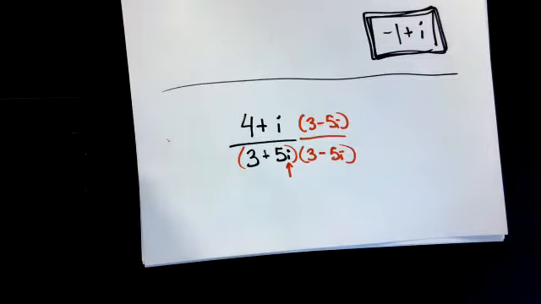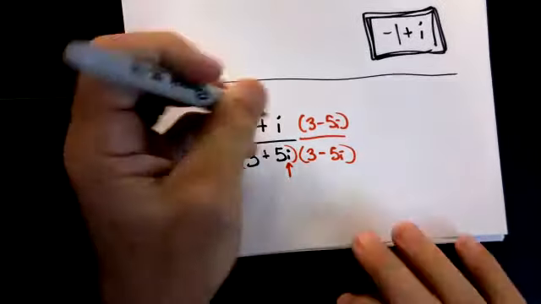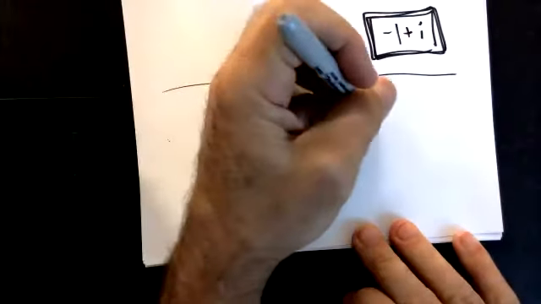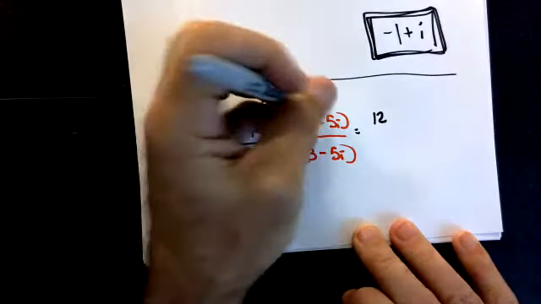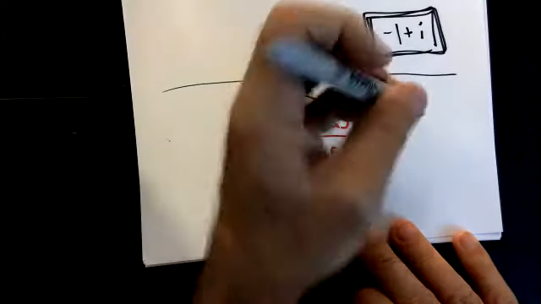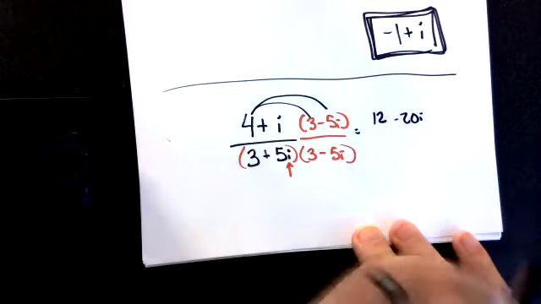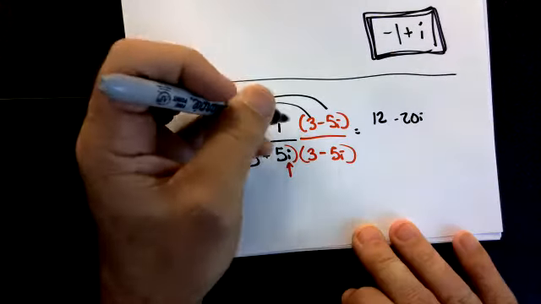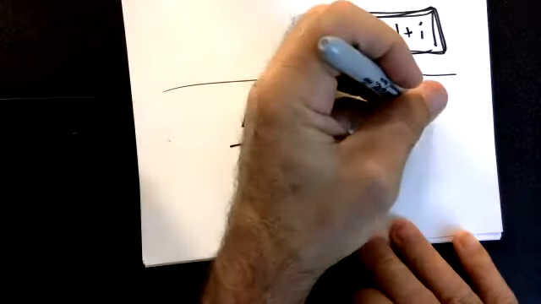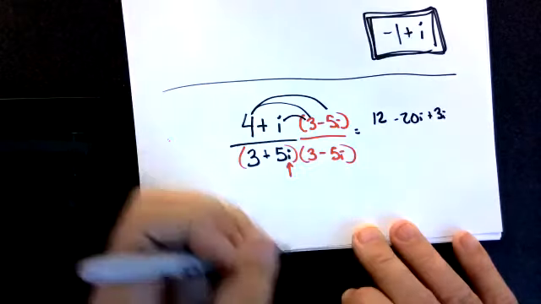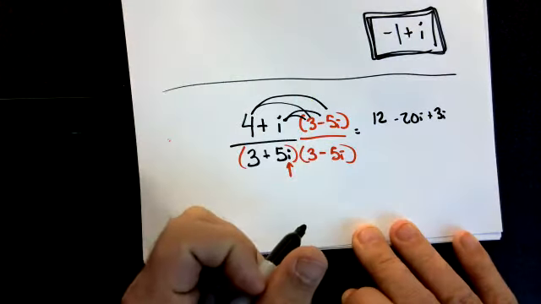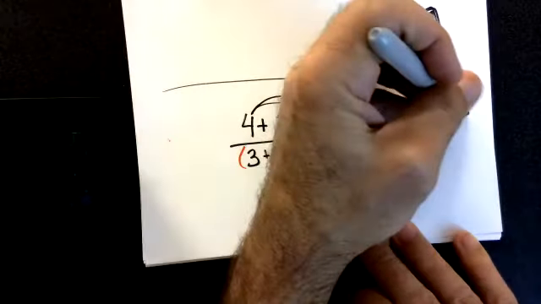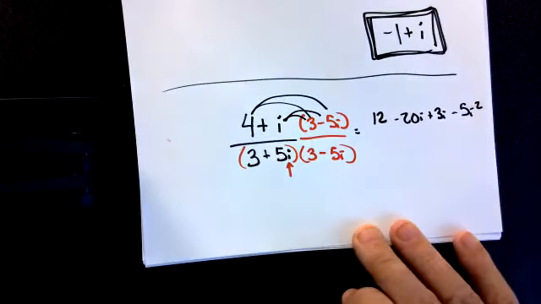All right, so if we do this, 4 times 3 is 12. 4 times -5i is -20i. i times 3 is 3i. i times -5i is -5i squared.